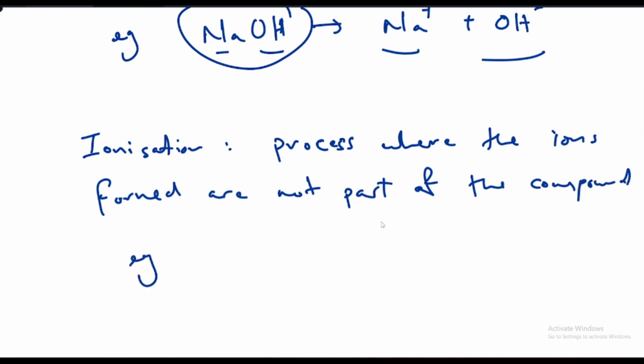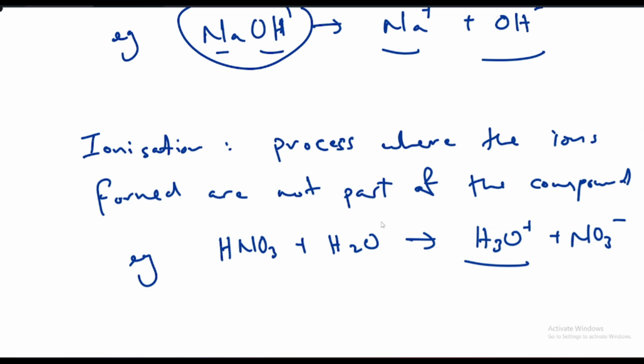For example, if we had HNO3 plus H2O, dealing with its ionization or hydrolysis, this would form H3O plus and NO3 minus. As you can see, this was not part of our original compound. And that's the difference between the words dissociate and ionize.